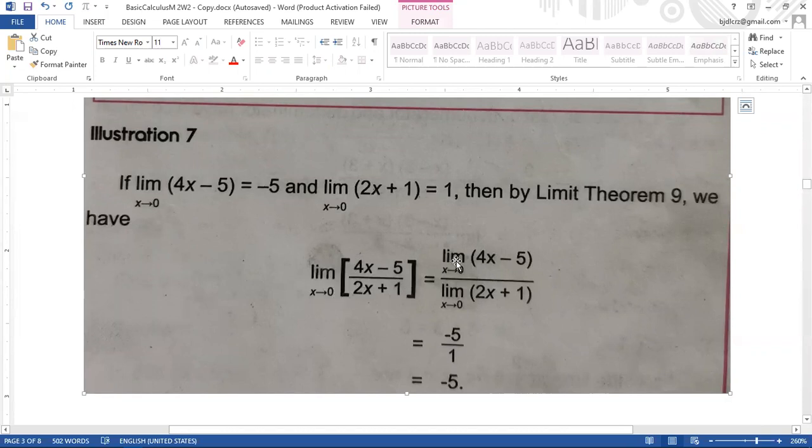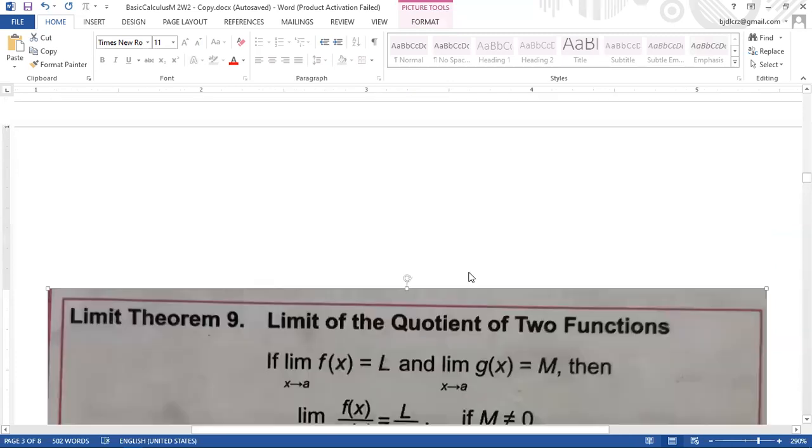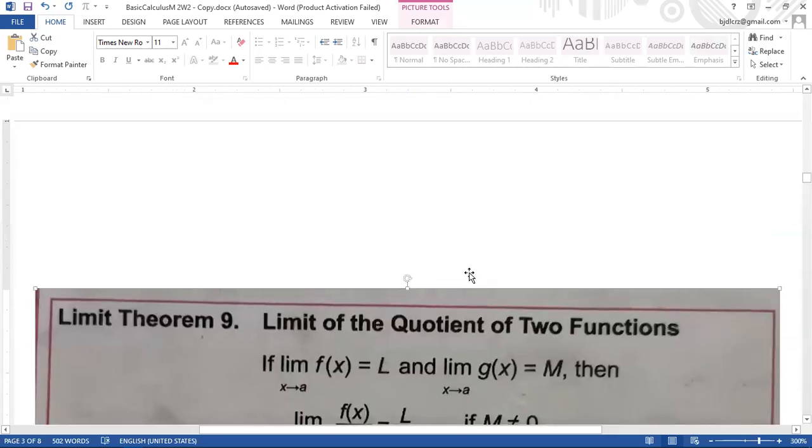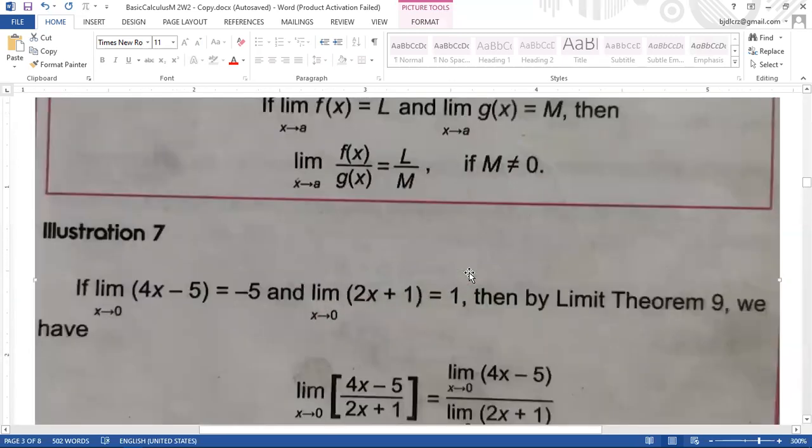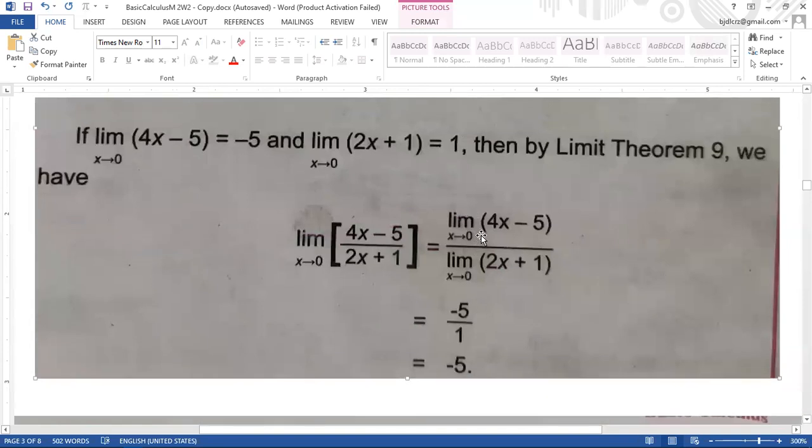So first, the limit of 4x minus 5 as x approaches to 0. Substitute the value of x, which is 0. So 4 times 0, 0. Minus 5. So copy negative 5.